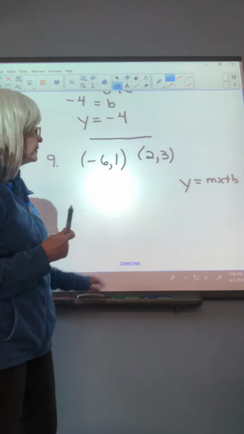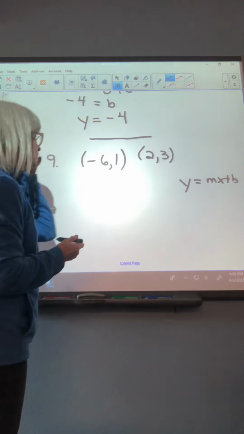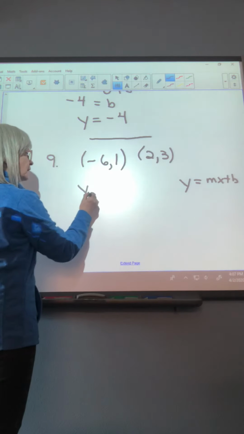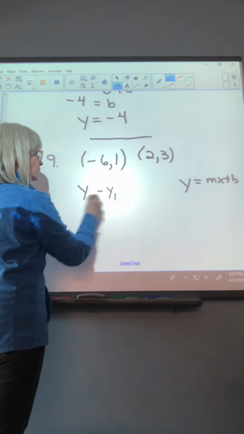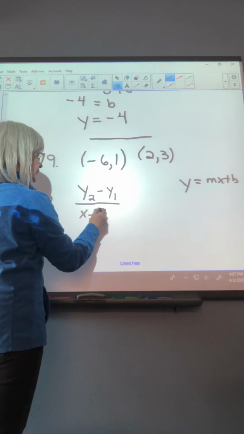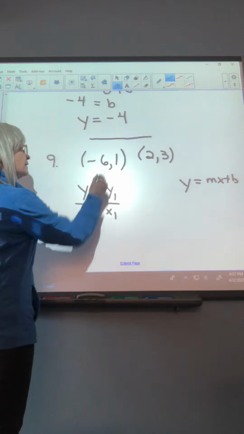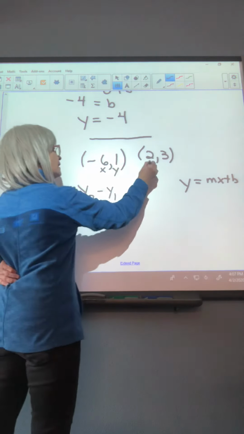So we're going to start by finding the slope, because we know we can use the slope formula, y2 minus y1 over x2 minus x1. So x and y, x and y.